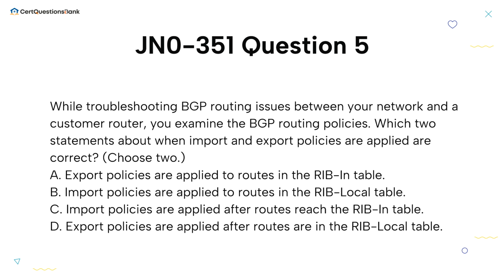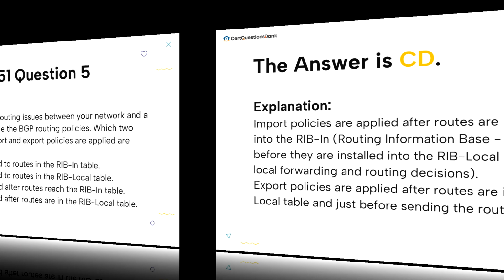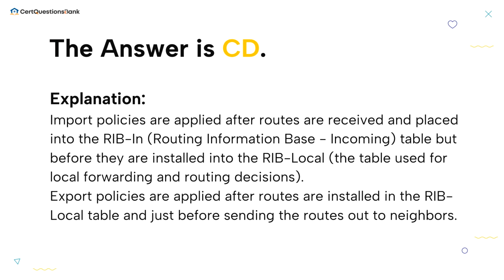B. Import policies are applied to routes in the RIB local table. C. Import policies are applied after routes reach the RIB-IN table. D. Export policies are applied after routes are in the RIB local table. The answer is CD.